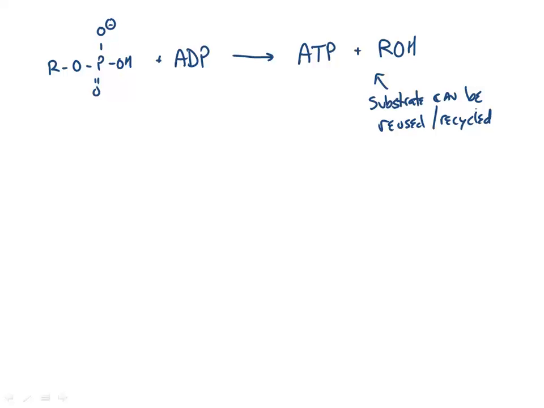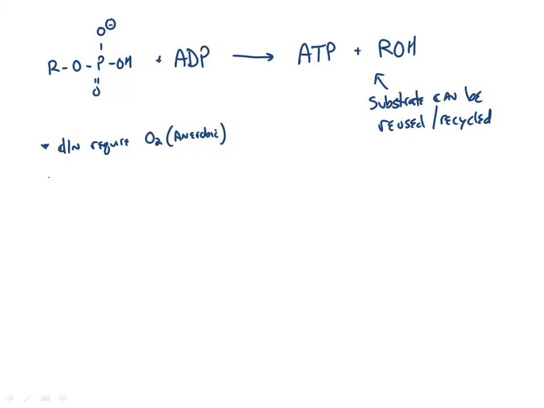One of the primary reasons that this is used is it does not require O2. So that means it's anaerobic. That's one of the big advantages of substrate level phosphorylation. I also mentioned it's already used in glycolysis or the Embden-Meyerhof pathway, used under anaerobic conditions.